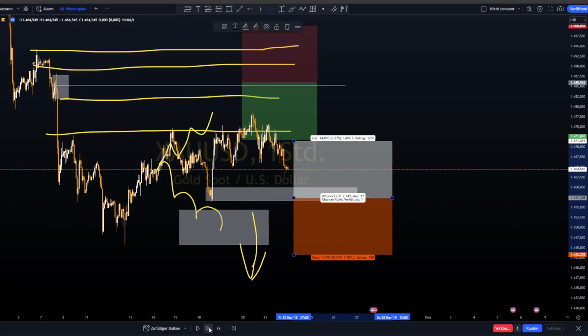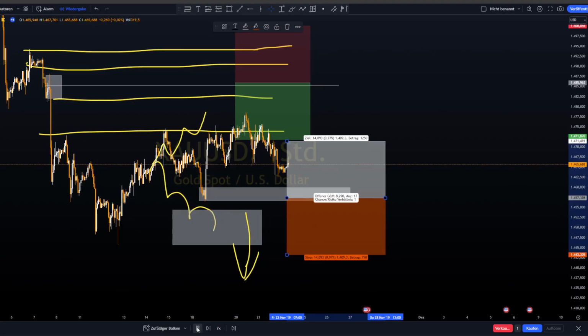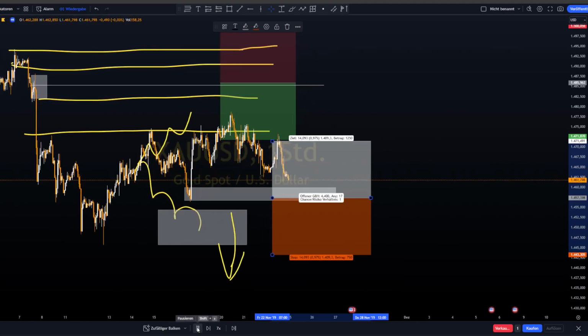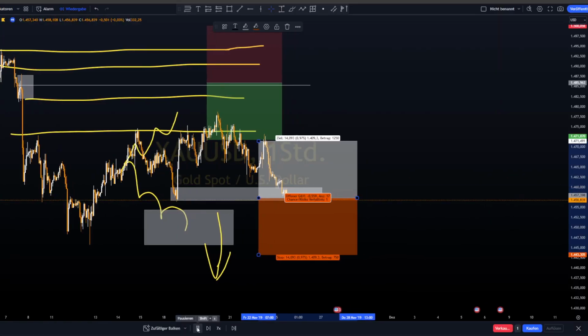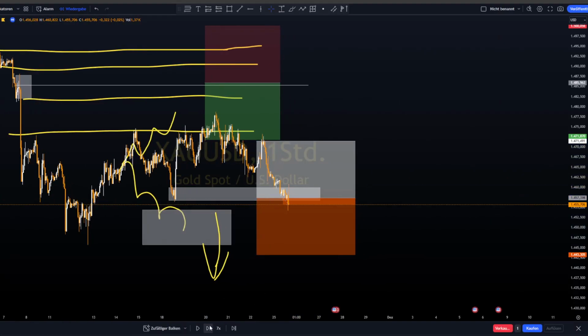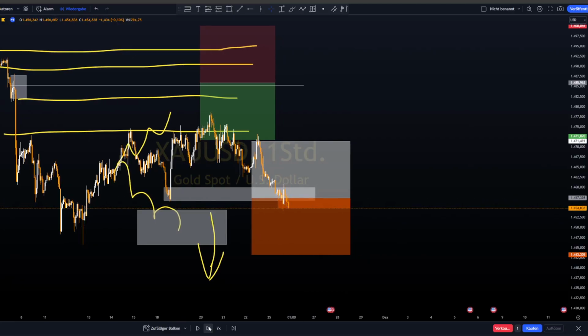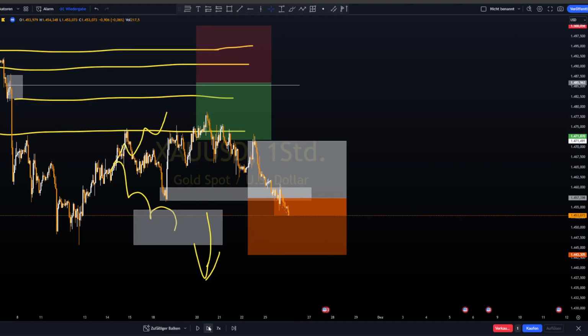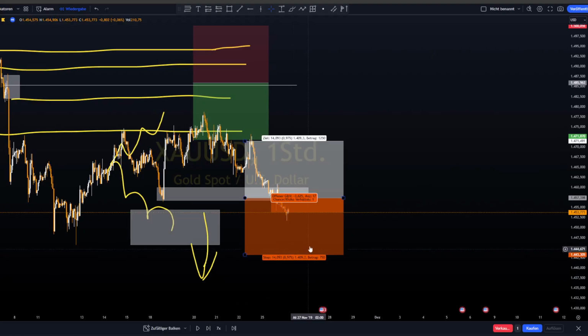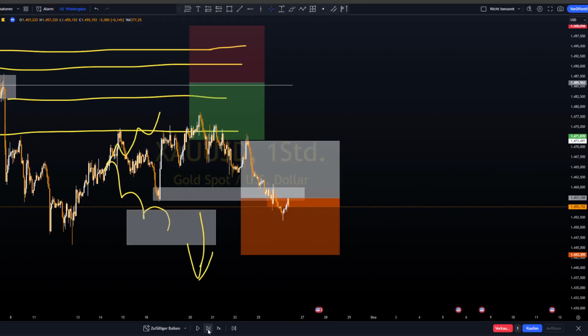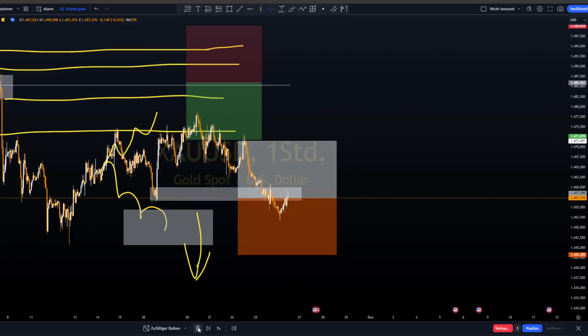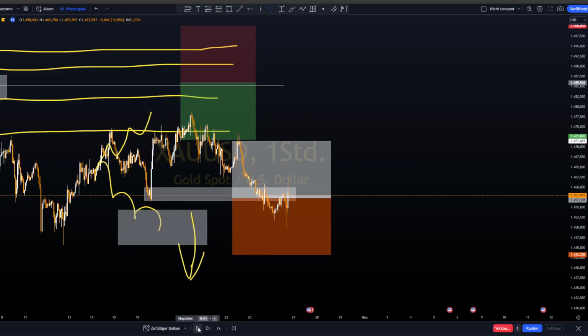Let's see. Okay, now we're in the trade. TradingView is lagging again. Let's see what will happen.